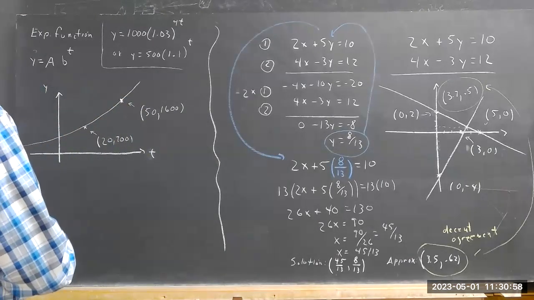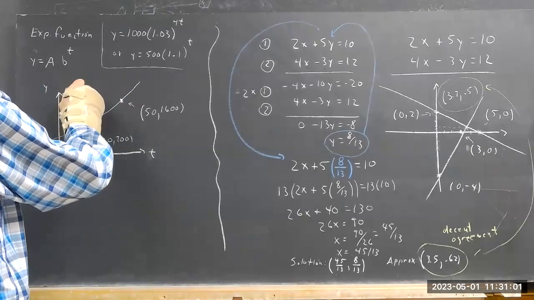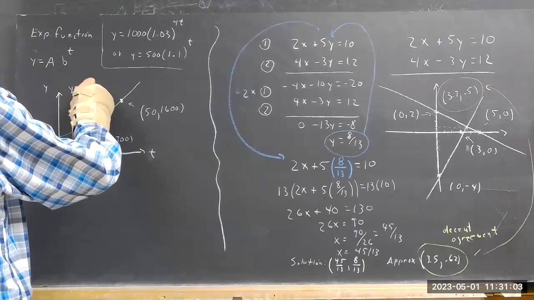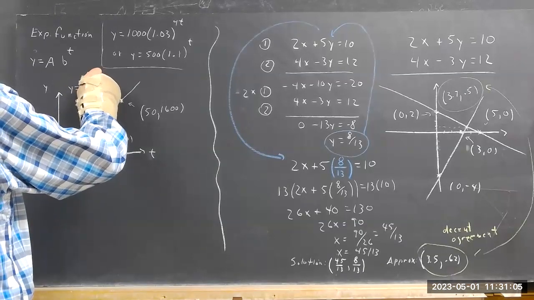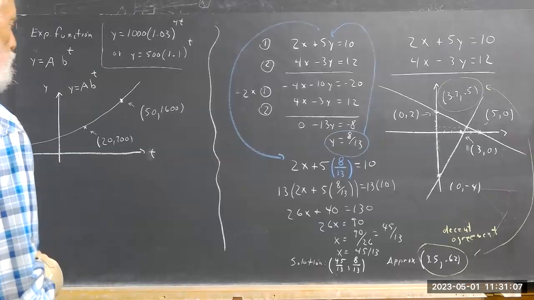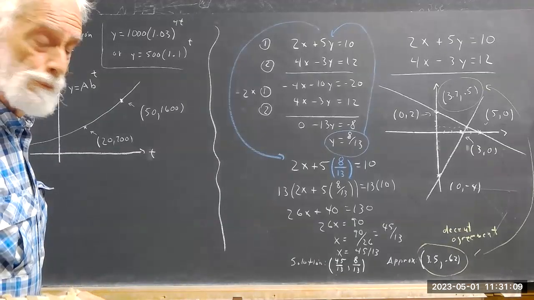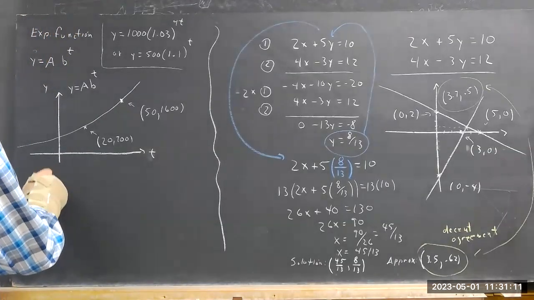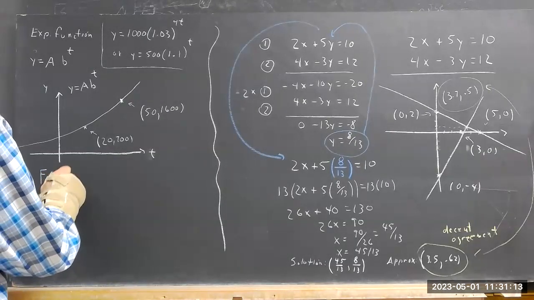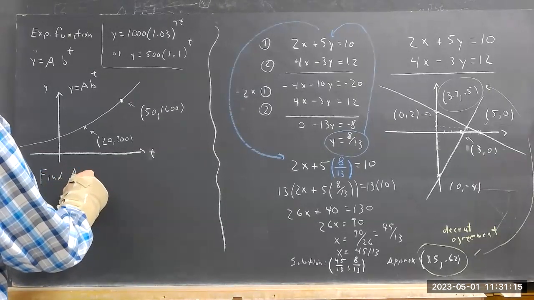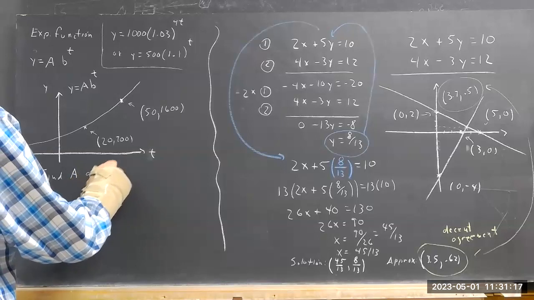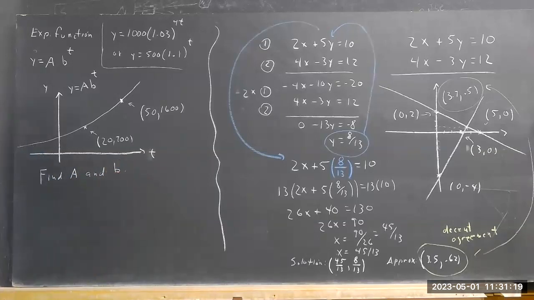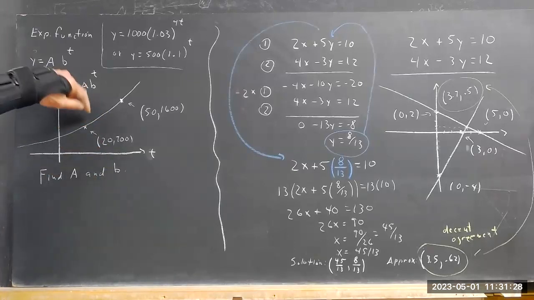Now we want to say then that this function is y equals a b to the t. And what we want to do is find a and b.